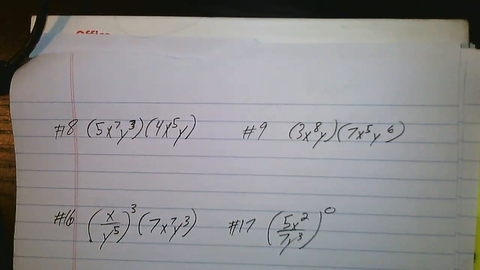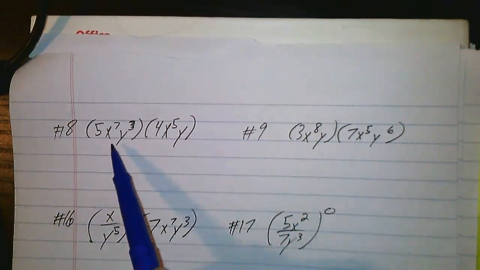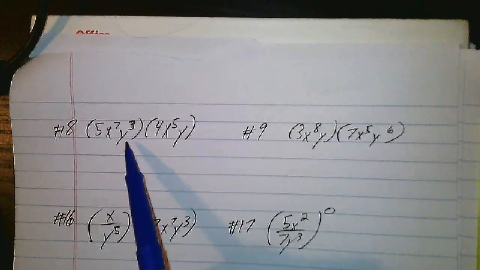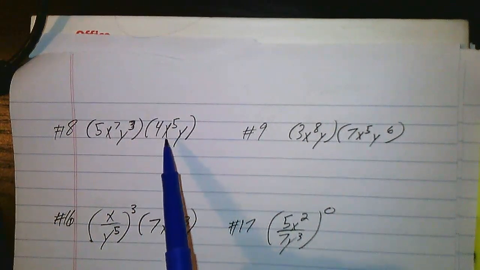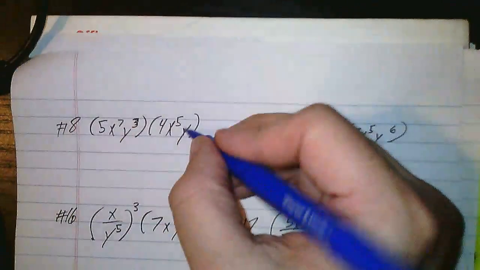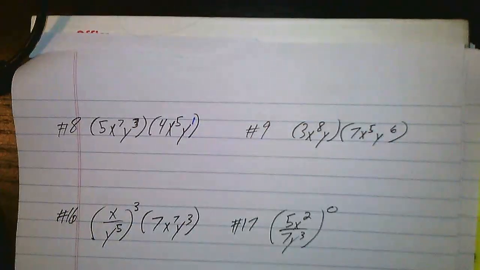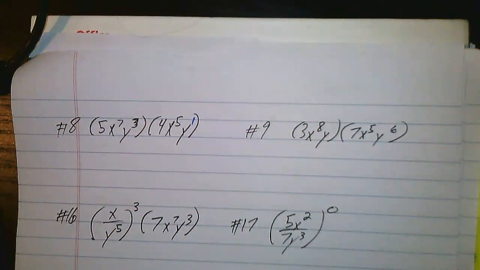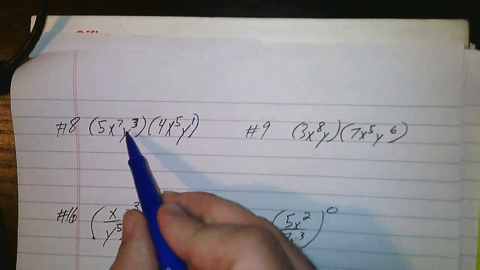So let's look at number 8 here. 5x to the 7th y cubed times 4x to the 5th y. And we can think about this as y to the first. So students, this looks similar to foiling.